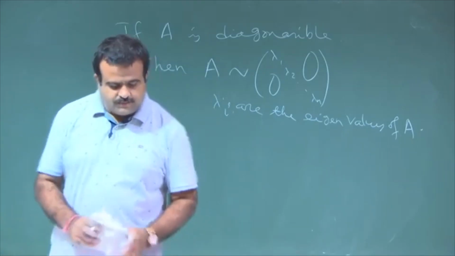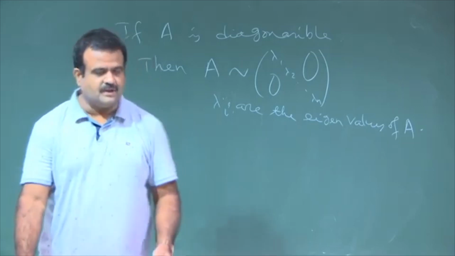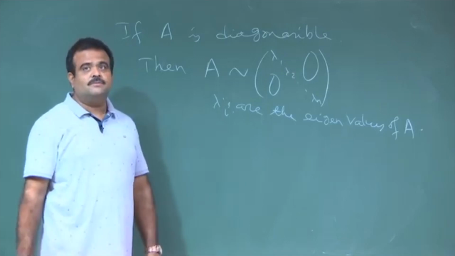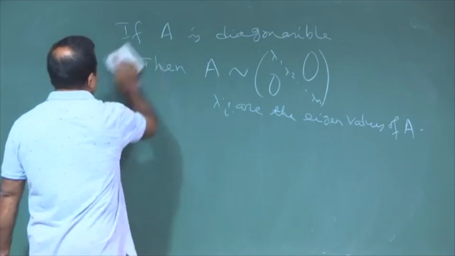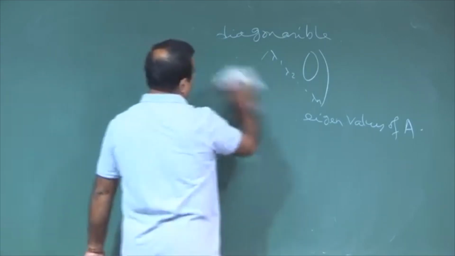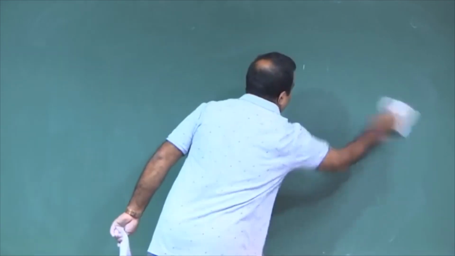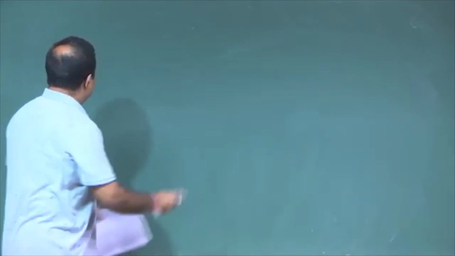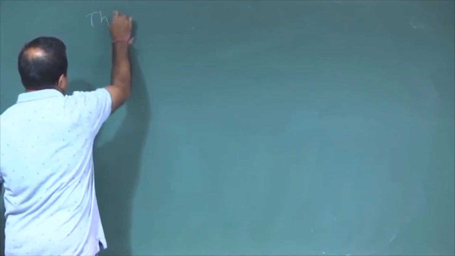Now we will have some properties, necessary and sufficient conditions, for a matrix to be diagonalizable.